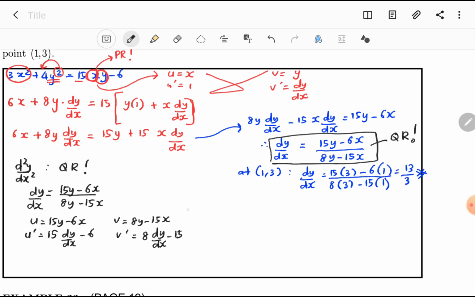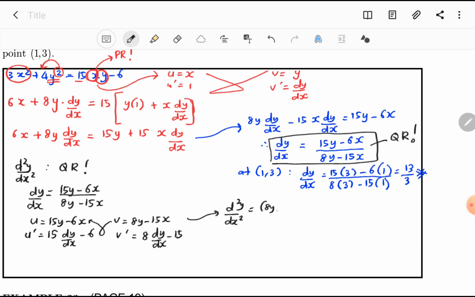So the second order derivative equals, we use the quotient rule formula.